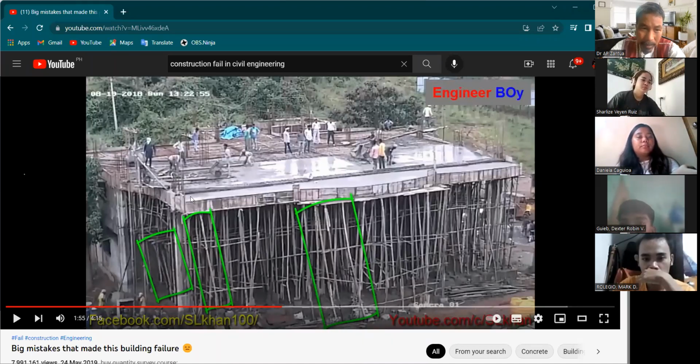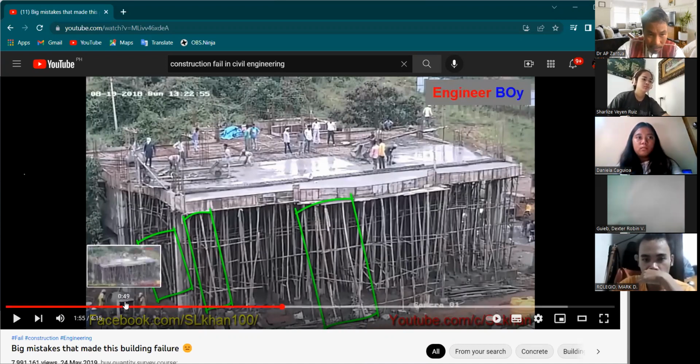But they did not do it because I think it will become what? It will become an obstacle because they have equipment here. Another mixer, diba? Can you see the mixer?